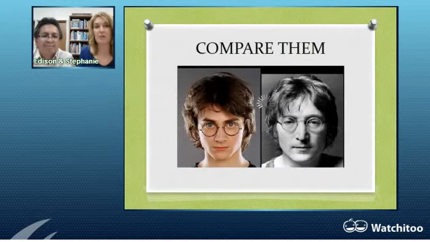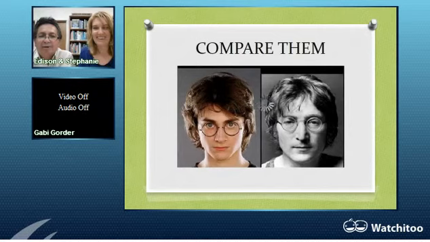If they interview their parents or their grandparents, they could compare what games their parents played as children, and what games the student played as children. You can do a historical comparison as well. Sorry, the slideshow is kind of slow, but don't worry.